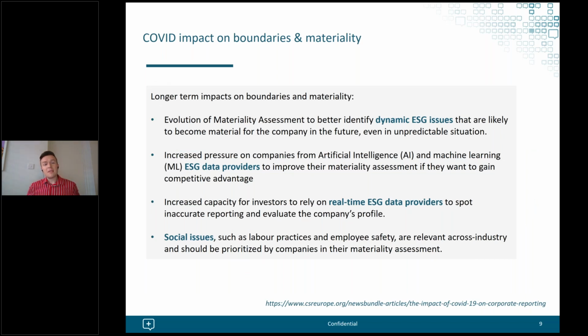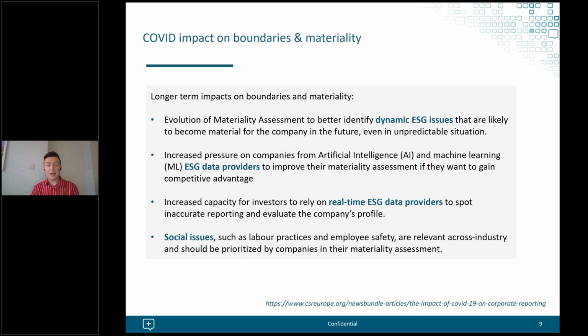When we think about some of the longer term impacts that COVID might have on boundaries and materiality, what we're seeing is this evolution of what materiality assessments might look like, and the concept of more dynamic ESG issues, which might become material for a certain amount of time within a framework of broader topics.